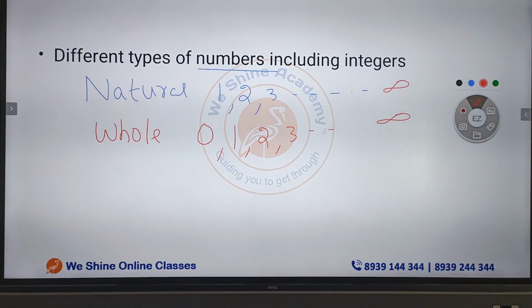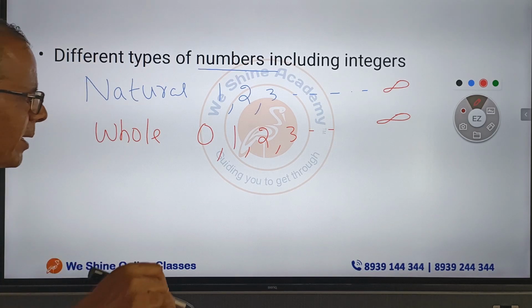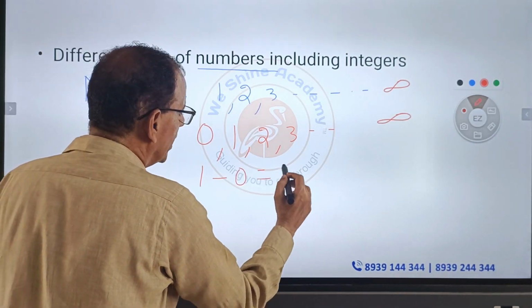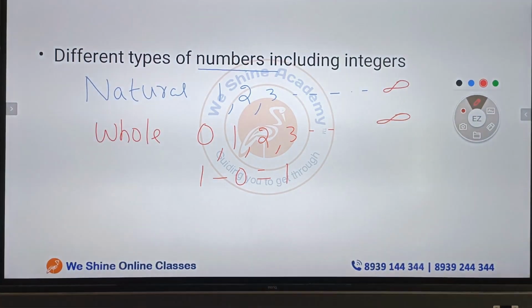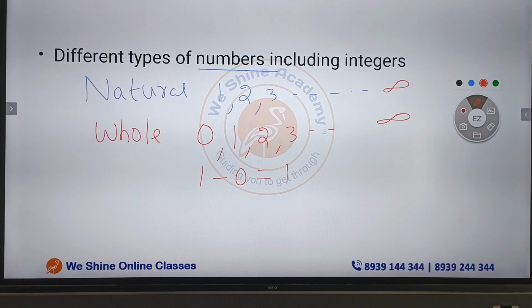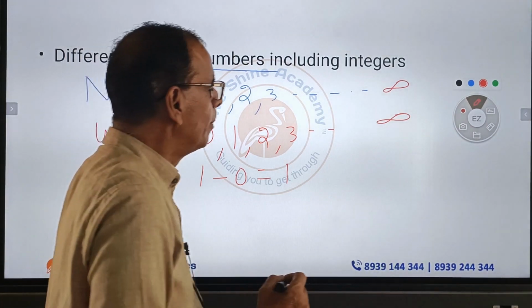What is the difference between the smallest natural number and the smallest whole number? That means what we have to do? I have to write it as 1 minus 0 is equal to 1. This is the difference between natural number and whole number.